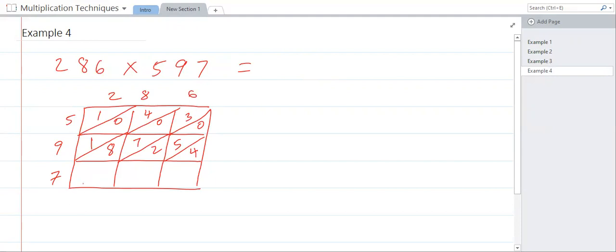Then the next one, 2 times 7 is 14. Then the next one, 8 times 7 is 56. And the last one, which is 6 times 7, which is 42. Now let us read off the solution in this direction.